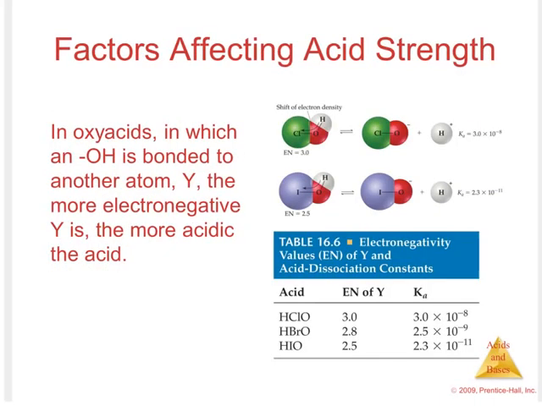Oxyacids, which have a hydroxyl group that is bonded to another atom, the rule for acid strength there is the more electronegative that atom is, the more it's going to pull onto the electrons in these bonds here, and so this hydrogen is going to be more loosely held onto and more easily ionizable. So the more electronegative this atom is, the easier it's going to be to let go of the hydrogen, the stronger the acid's going to be, or the more acidic.